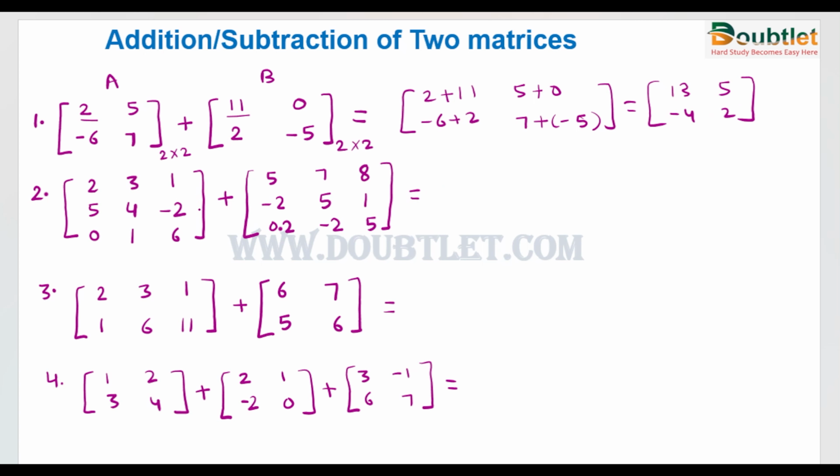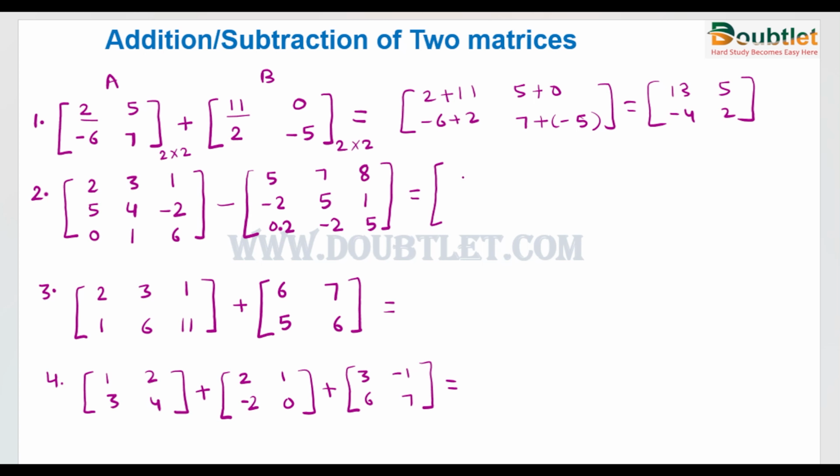Now we will take the example of another matrix. Let's suppose we have to perform the subtraction here. Similarly, during subtraction we have to consider the corresponding elements, meaning the position of the elements should be the same.